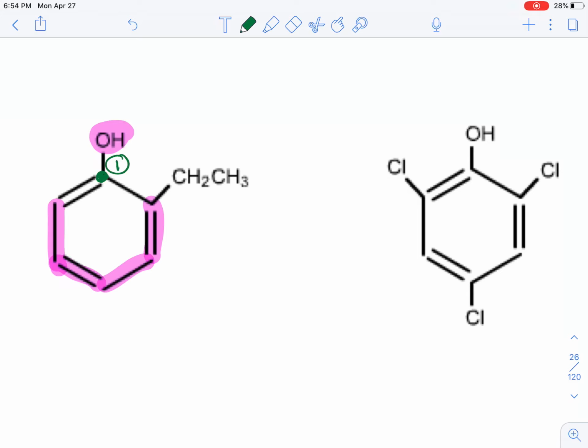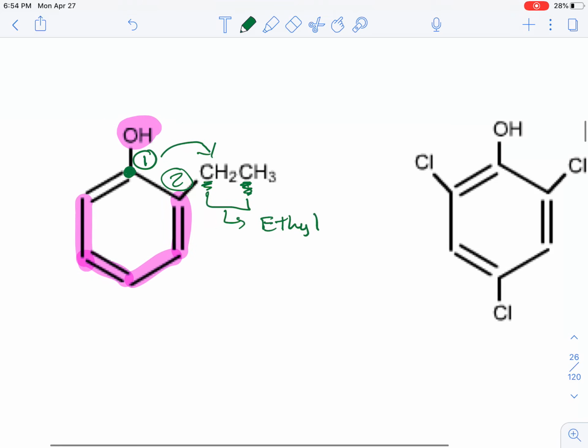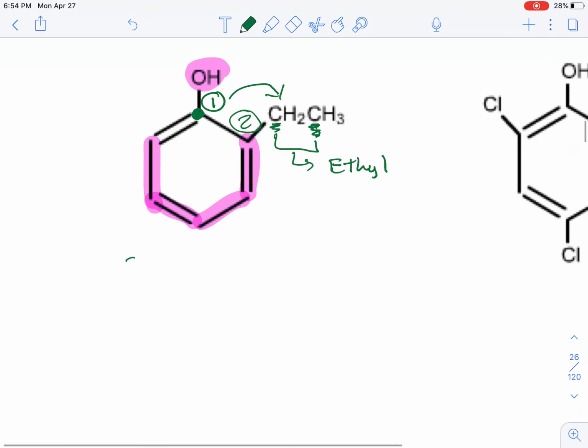Since there's only one substituent, you want to number your carbons so that the next substituent has the lower carbon number, in other words, carbon number 2. Notice that I have 1, 2 carbons, so since this is a 2-carbon substituent, this is going to be an ethyl. Putting these pieces together, I'm going to write 2-ethyl and then phenol.